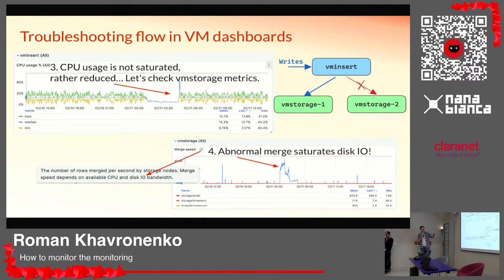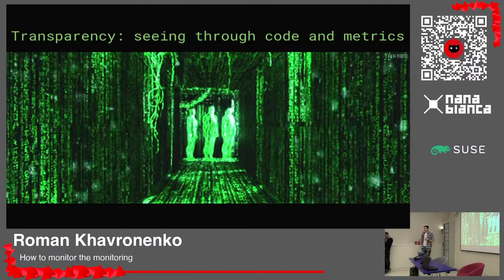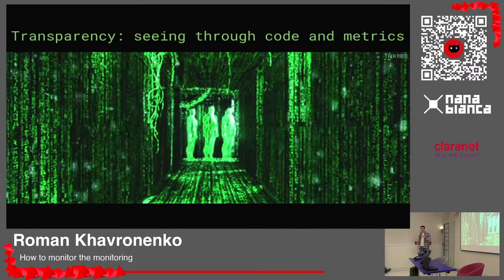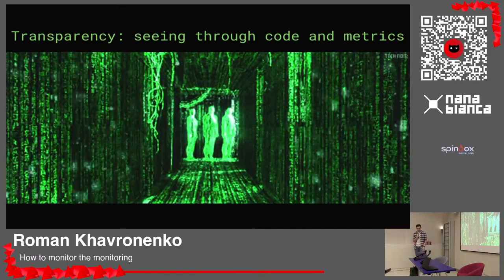But yet here, at this stage, you will have a better understanding of what's happening. Writes go to VMinsert. VMinsert can write to one of the VM storages. Here's the bottleneck. So that's a journey which helps a person to look through the metrics, to look through the code, and understand what is happening to the system, to see the root cause.